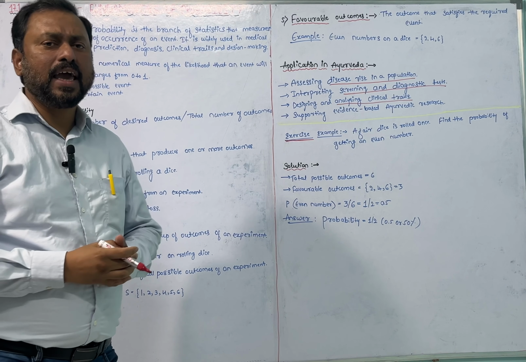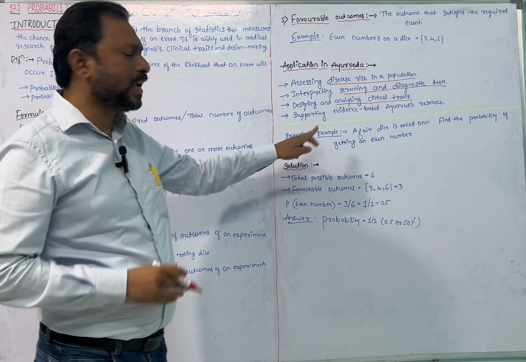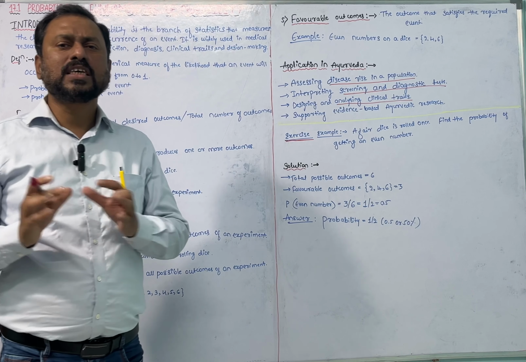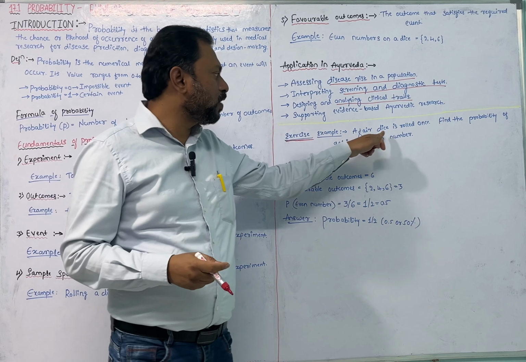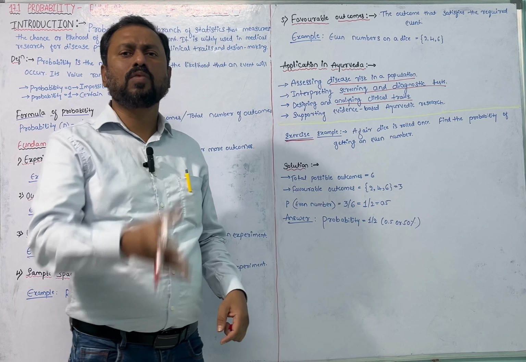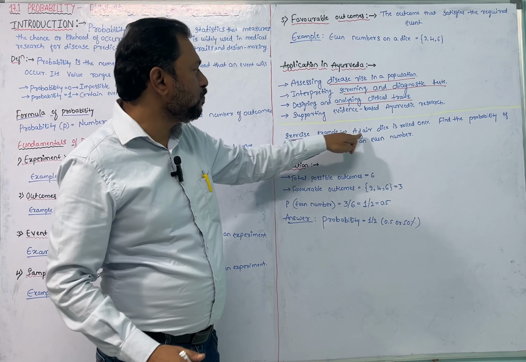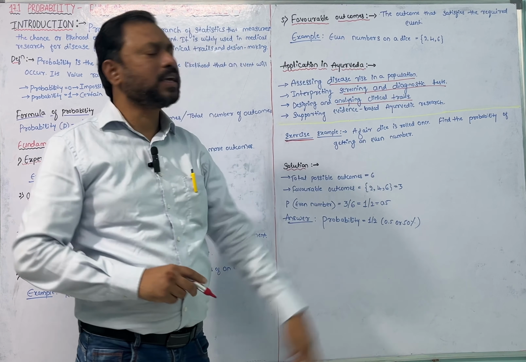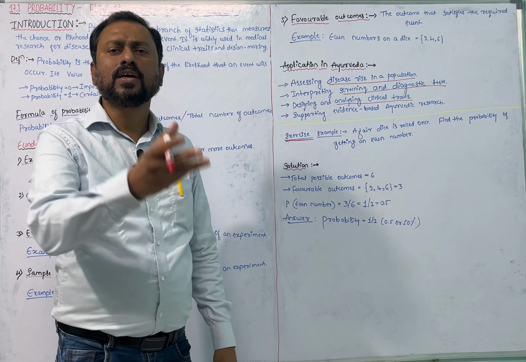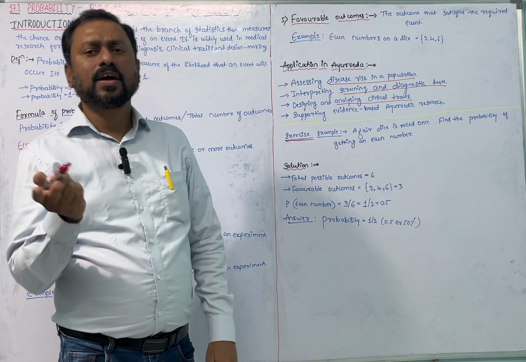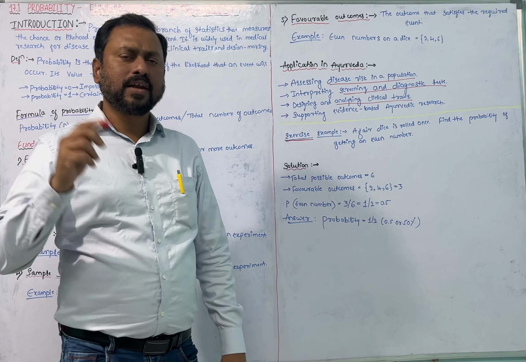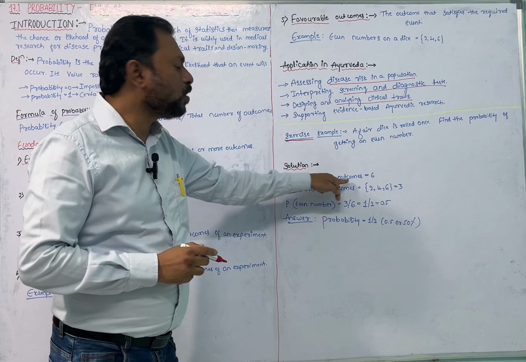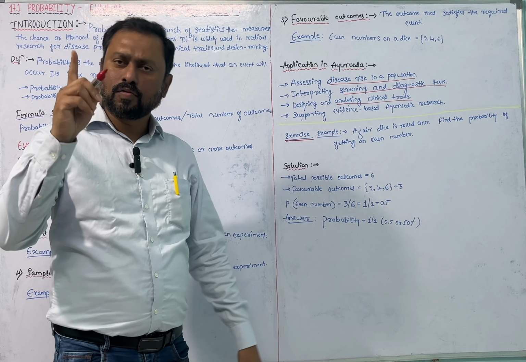If we take an exercise example to understand easily: a fair dice is rolled once. Find the probability of getting an even number. The total possible outcomes are 6, from 1 to 6.